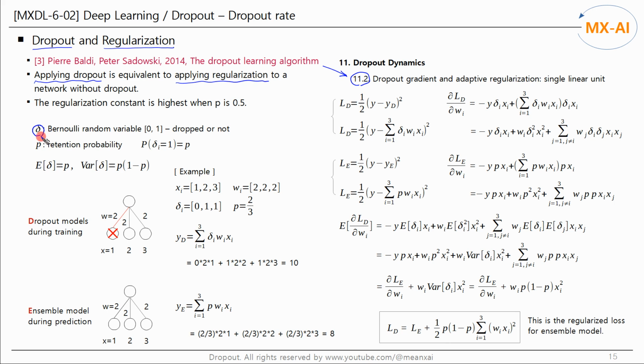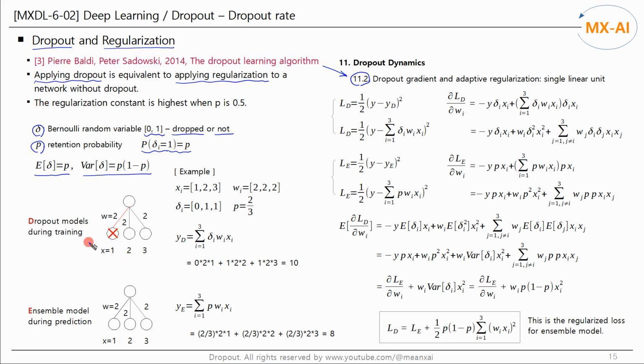Delta is a Bernoulli random variable, which is either 0 or 1. This means either dropped or not dropped. And P is the retention probability. This is the probability that the ith neuron's delta is 1. The expected value of delta is P, and the variance of delta is P times 1 minus P.